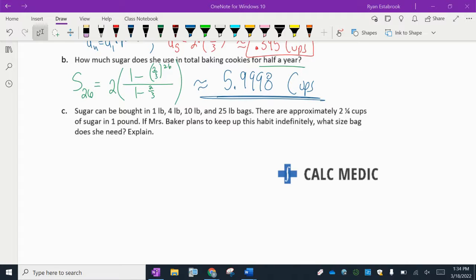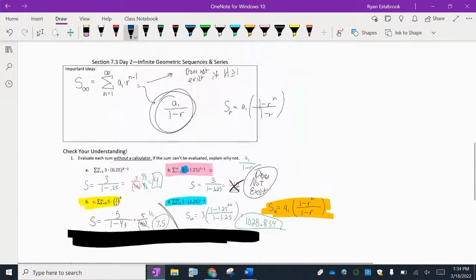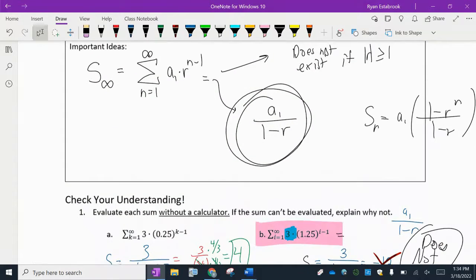So this word indefinitely, what's a synonym for us in terms of math? Forever. Infinite. Infinite would be like our math word there. She's doing this an infinite number of times. It's a geometric series, an infinite number of times. The formula for the sum of an infinite series is this one, a sub 1 over 1 minus r.